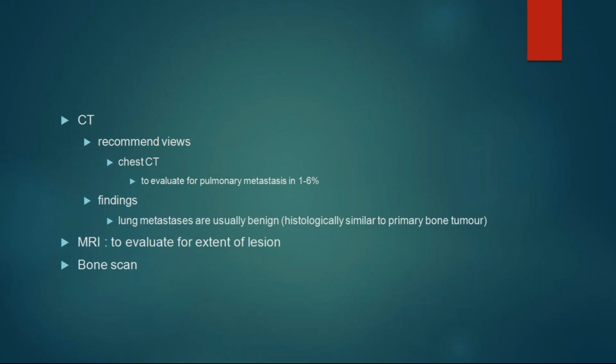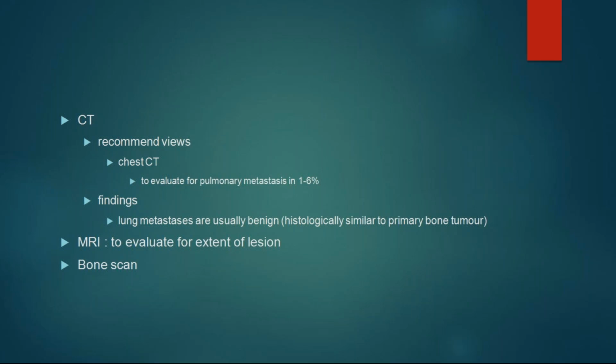And coming to the next investigation, we can go for CT scan. CT scan use is also recommended depending on the area involved, and we have to take chest CT. In X-ray we can't see complete involvement of the tumor on plain X-ray, but in CT scan we can see the extension of the tumor into the bone, and lung metastasis can be seen in CT.